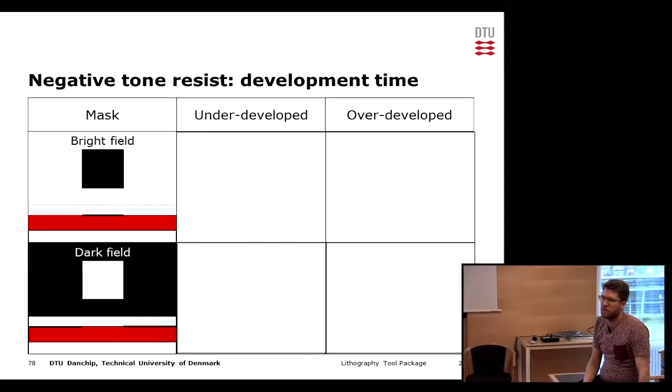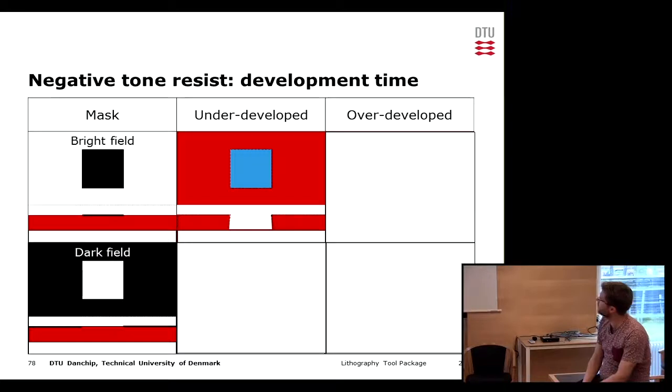The angle should be less than... That's a good suggestion. Yeah, so it's actually exactly like you suggested, that we can see a film on the bottom, and also that the angle is less. And this is basically because what we are looking at here is that in the center of the square, the resist is not exposed at all.